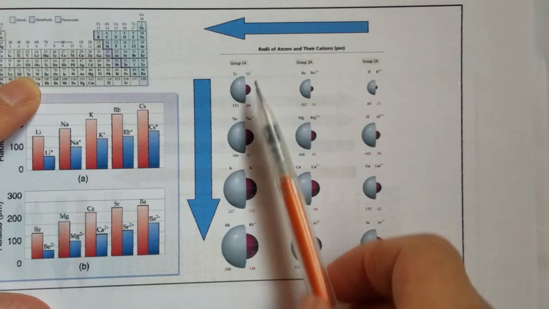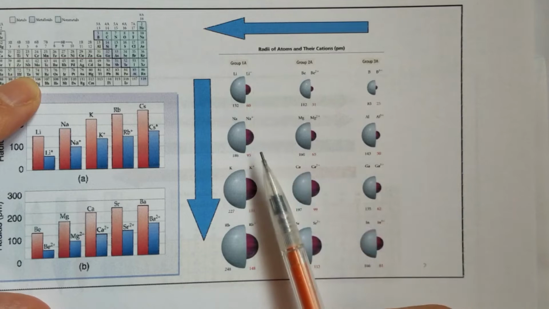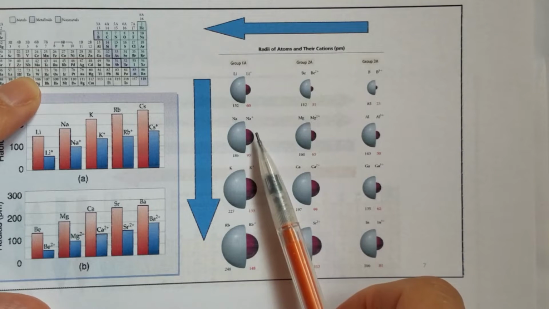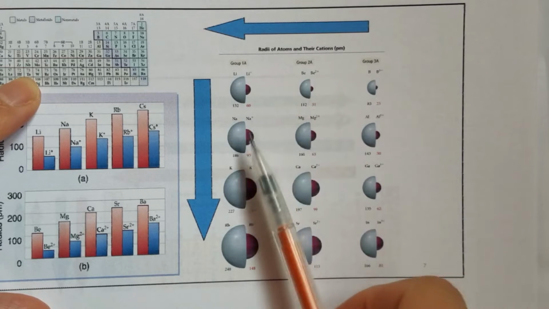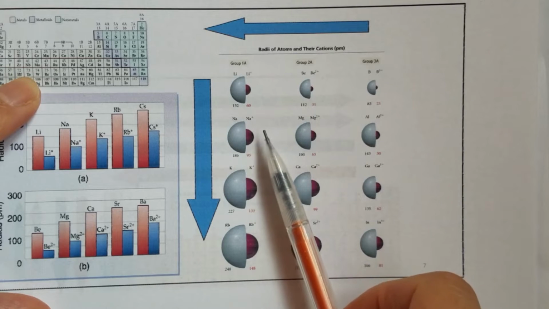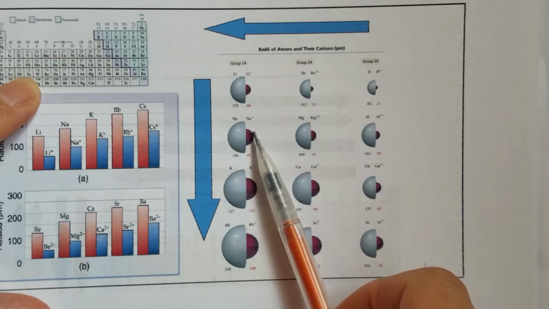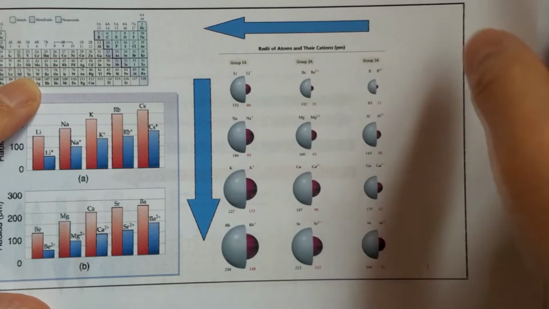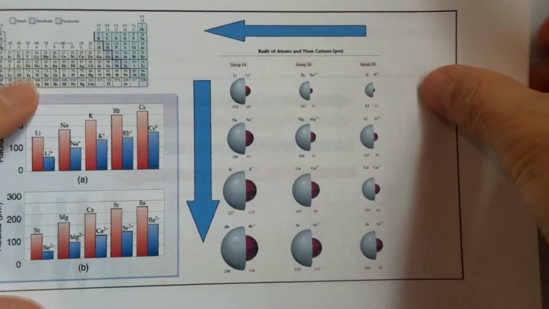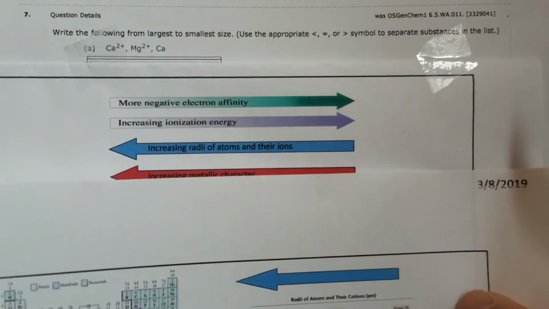Because what does that positive sign mean here? Losing an electron. Losing one electron, they lost the outermost shell. So therefore, the n number decreases for the ions, decreases by 1. And that's a big deal. So knowing that, we can easily solve this problem now.